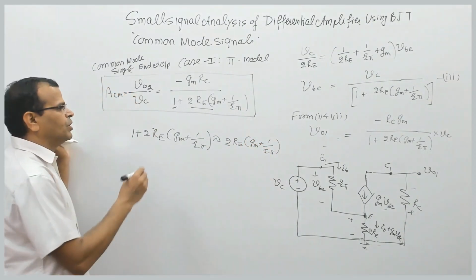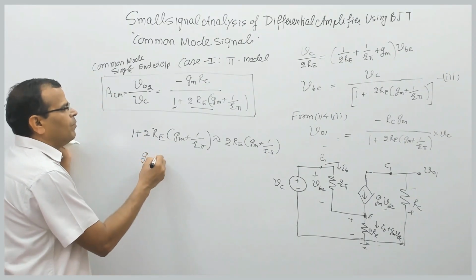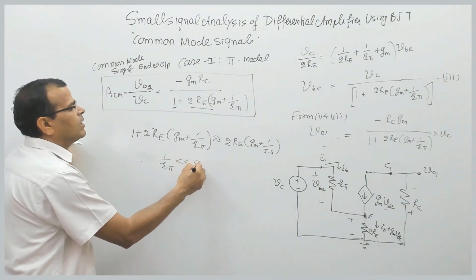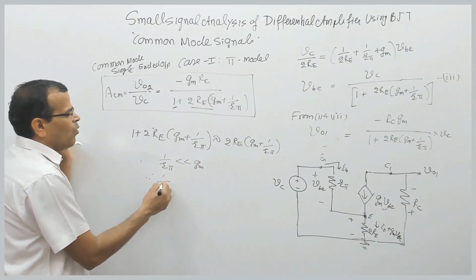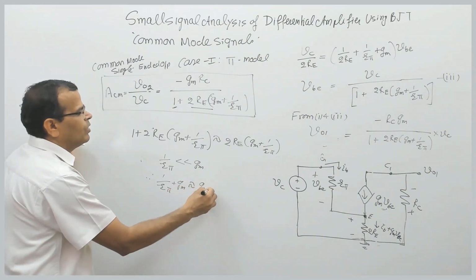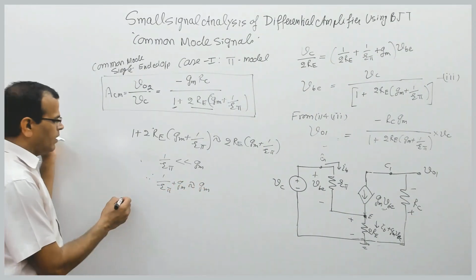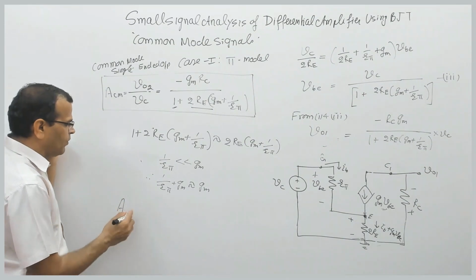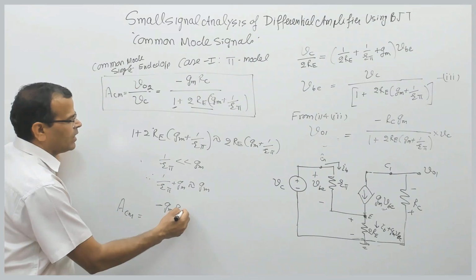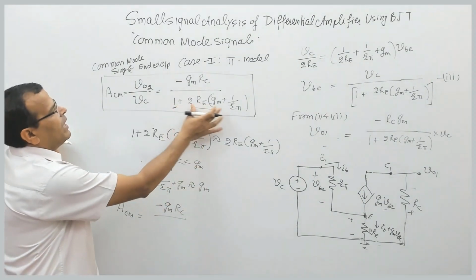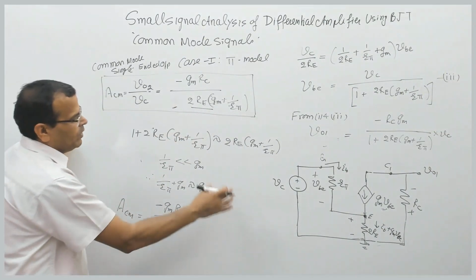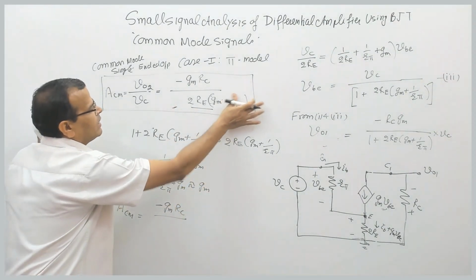That is one approximation. And Gm plus 1 by R pi is much more than Gm, therefore 1 by R pi plus Gm is approximately equal to Gm. So you can write the common mode gain expression like this: minus Gm Rc. By using these approximations, you can neglect these terms.